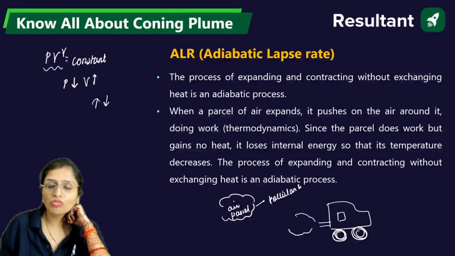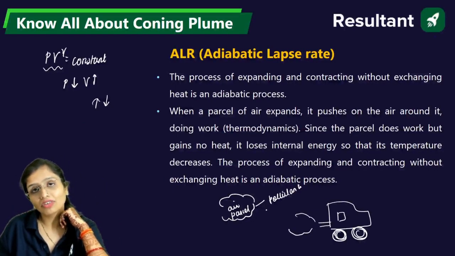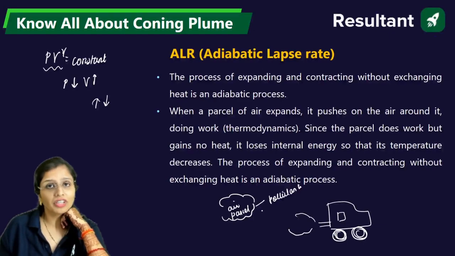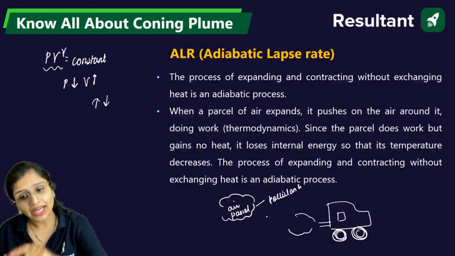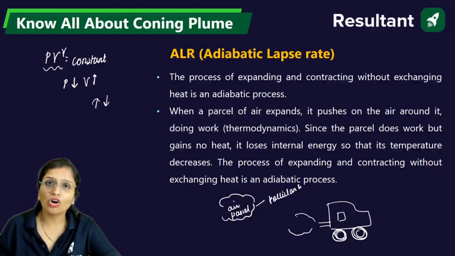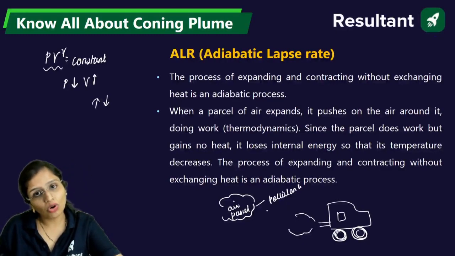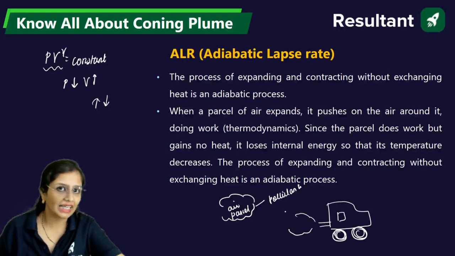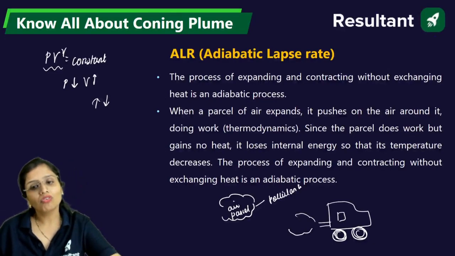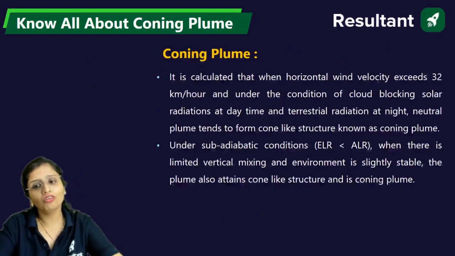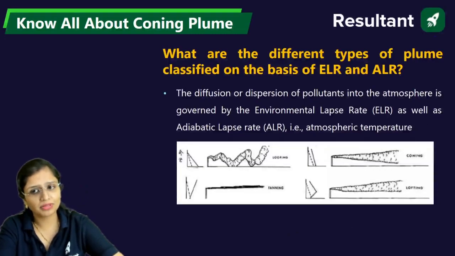As you rise up, there will be a decrease of temperature taking place. The rate at which the temperature of the pollutant decreases with increase in altitude, you will call the adiabatic lapse rate.